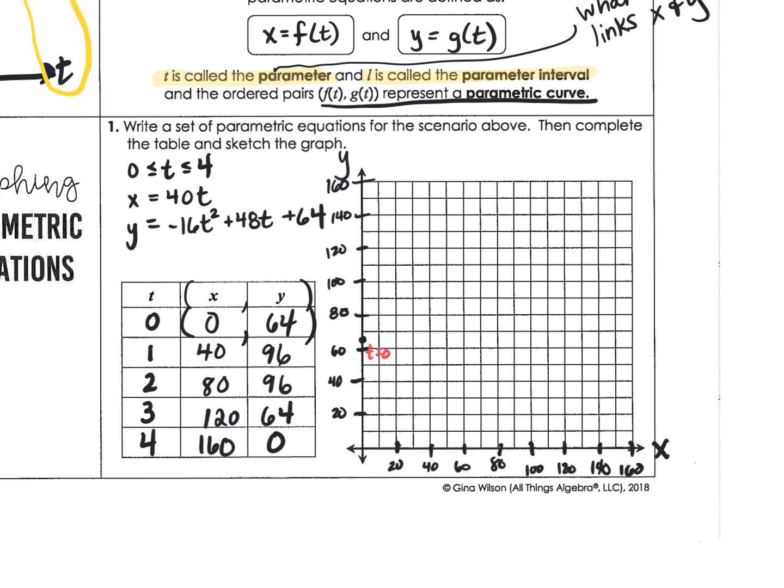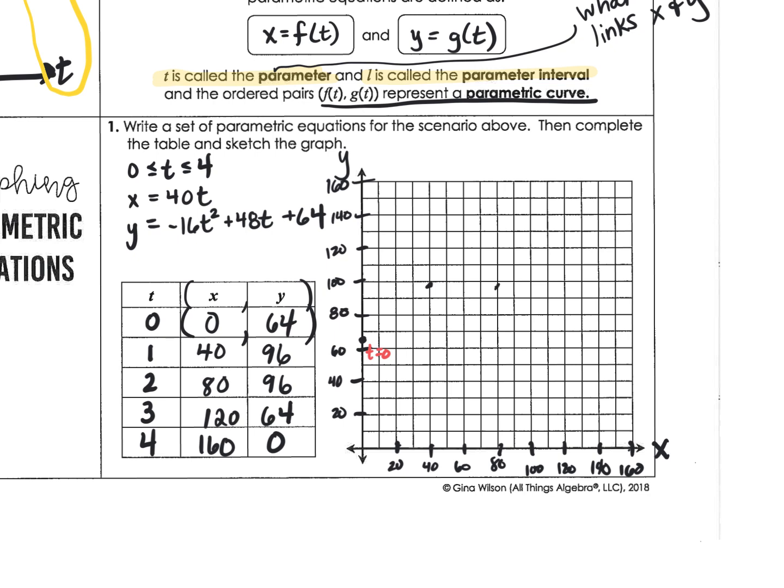Now we need to be able to mark which direction we're going because time flows only one direction, doesn't it? So we're going to put an arrow on this showing what direction we're going. So at 40, then we do 40, 96. So 40, 96 would be about here. And then we're going to go to 80, 96.